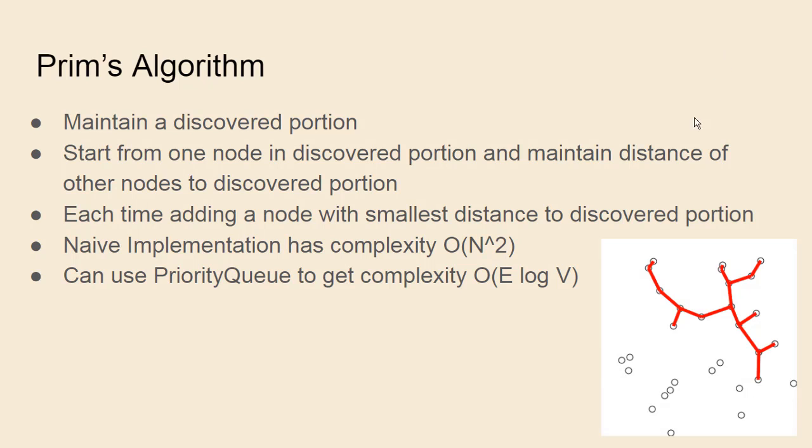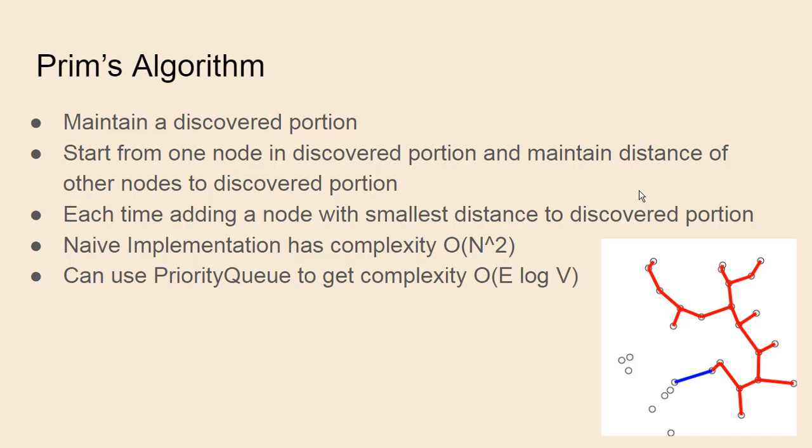When we process this node, we check all the nodes that it connects, and if these nodes give a lower cost connection, we update the weight. Every time we find the node with the smallest known distance to the discovered portion, add that, and then update other nodes' distance to the connected portion using the new node if we need to.